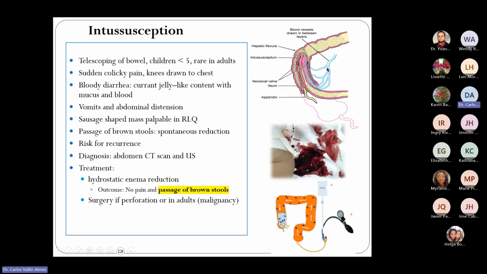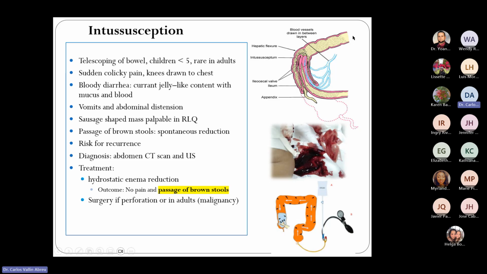Vomiting can occur, and then the client starts expelling, through the rectum, mucus with blood that is classically described as currant jelly-like content, without feces. If the pain disappears and the client starts passing brown stools, it is because the intussusception spontaneously reduced or corrected.